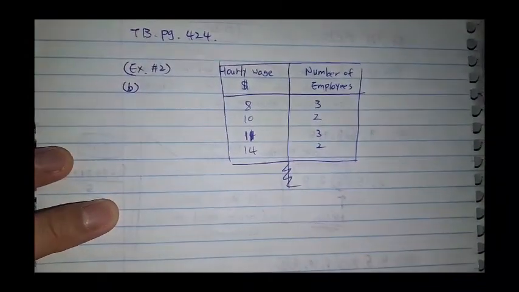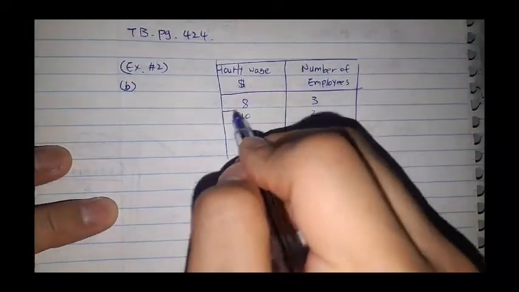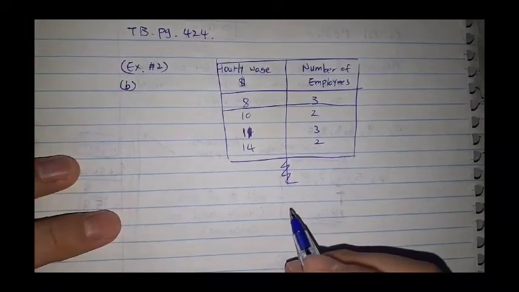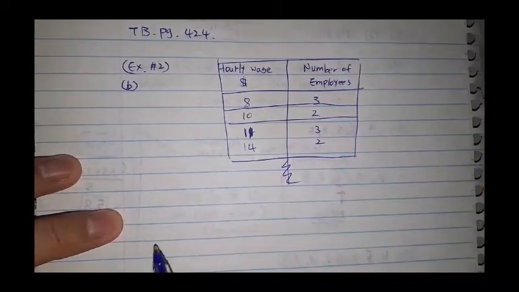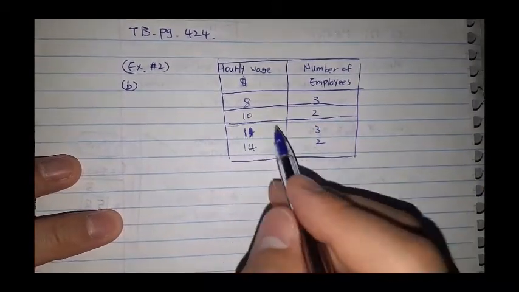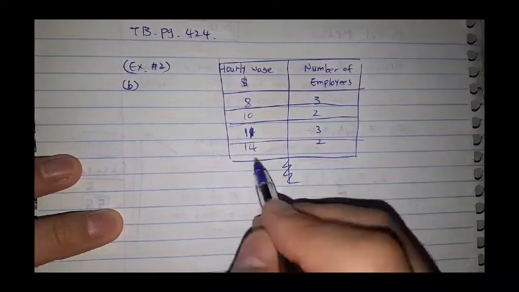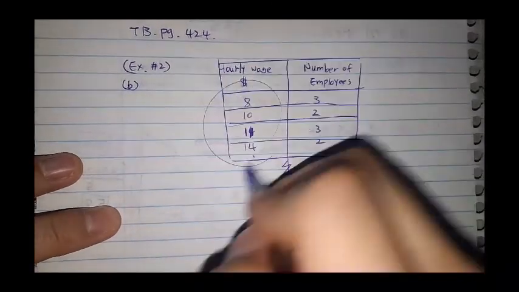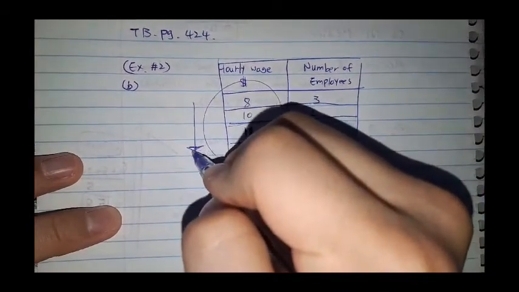My table looks ugly, but anyway. So we have 3 employees that work 8 hours, 2 workers for 10 hours, 3 workers for 11, 2 workers for 14. So here's what it is. It's already arranged in ascending order.